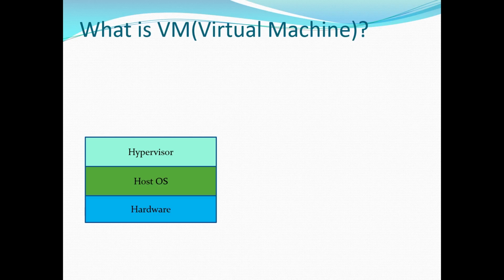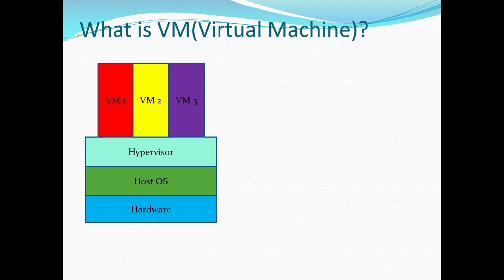I will give you the links for the videos where you will get the VirtualBox installation steps, and also how to install Ubuntu in VirtualBox. So we have the hardware, on top of that the host operating system, and on top of that a hypervisor, which helps you create virtual machines. With the help of the hypervisor, utilizing our own system resources, we will be creating multiple virtual machines.